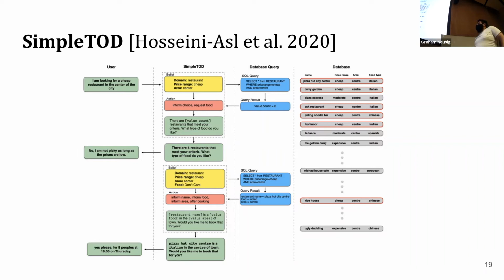SimpleTOD also generates a SQL query, rather than just using the database vectors. But the main takeaway here is that in task-oriented dialogue, it's often beneficial to think about the structure provided by these intermediate outputs and try to leverage them for the task of response generation. Any questions there?